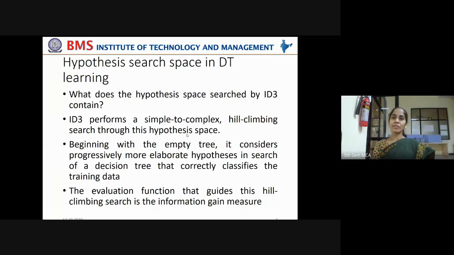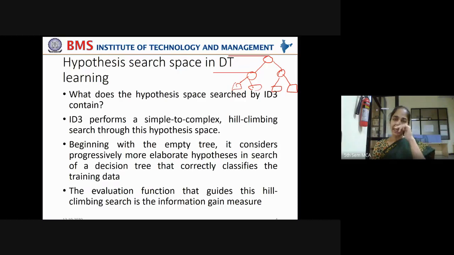Hill climbing here starts with a root node, then proceeds further, checks for a best fit attribute, and proceeds further until it reaches better classification. That is the hill climbing search followed by this decision tree algorithm.